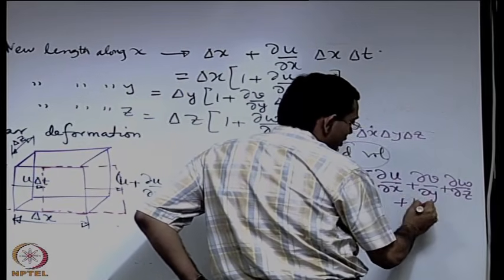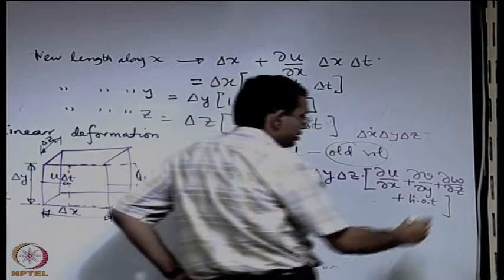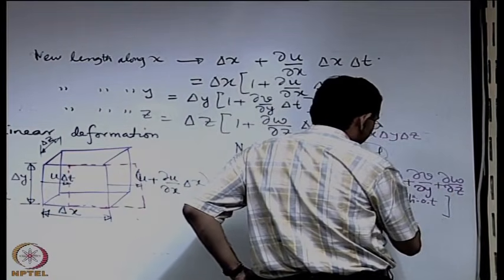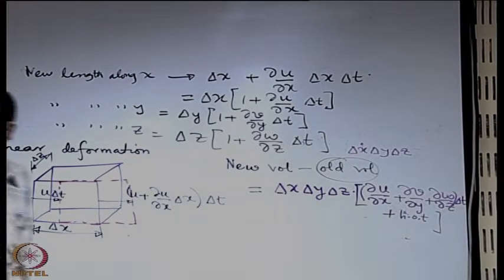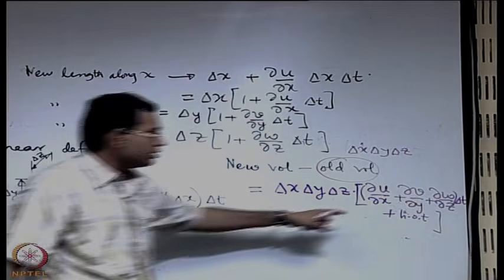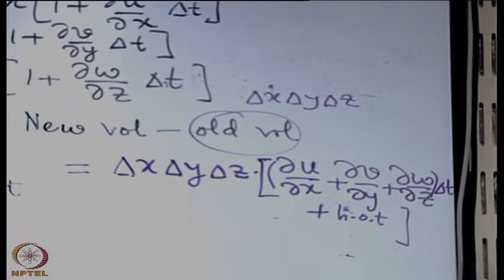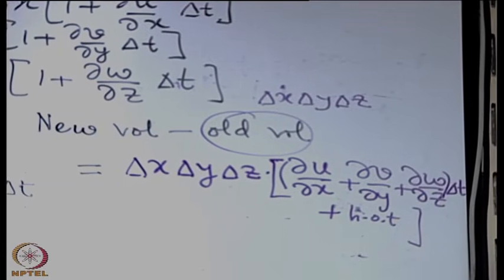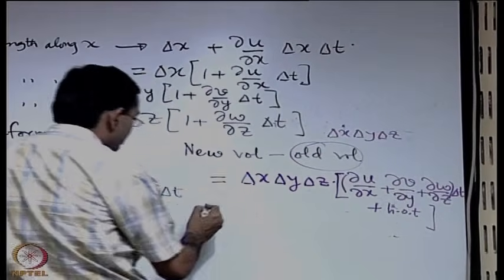This plus higher order terms will be there, that into delta t, right. Other terms will be of order higher than delta t. So what is the volumetric strain, the rate of volumetric strain?